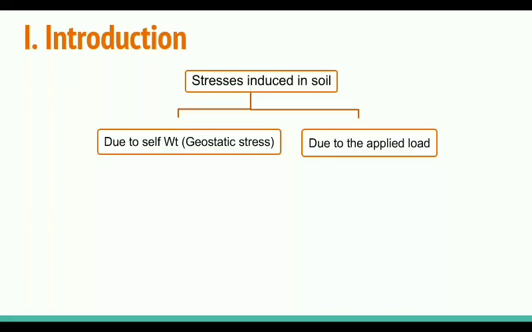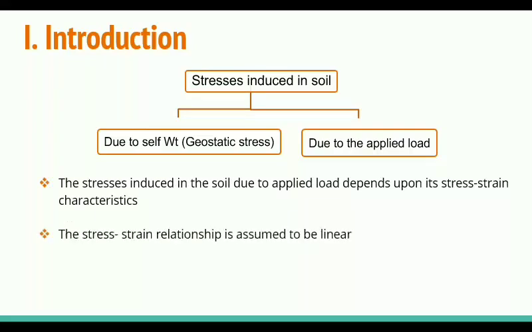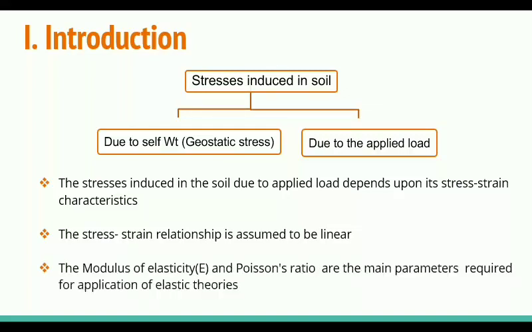For simplification, we assume the stress-strain curve for an isotropic and homogeneous soil is linear. The main parameters for this are the modulus of elasticity and the Poisson's ratio. By using the triaxial test, we can calculate the modulus of elasticity.